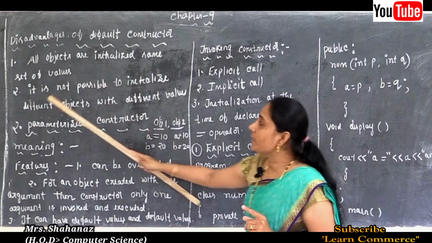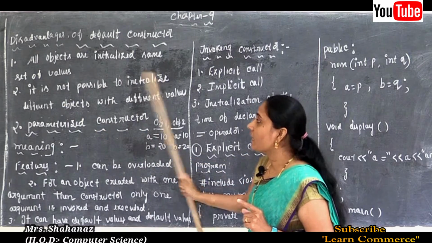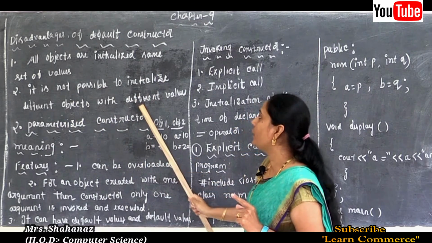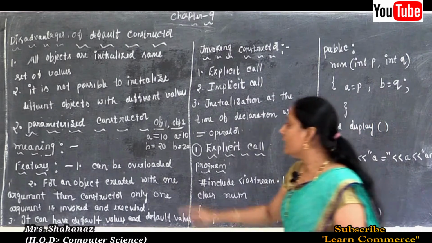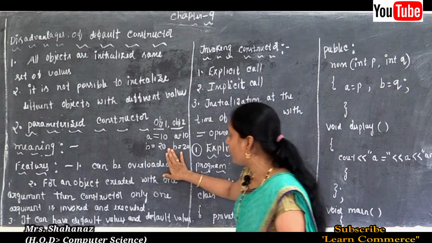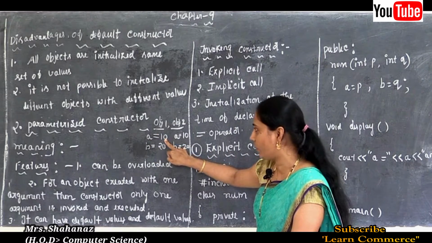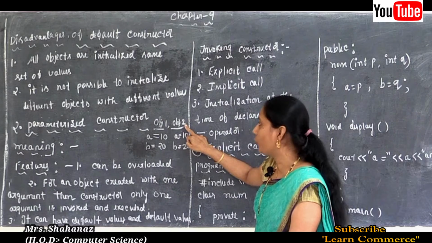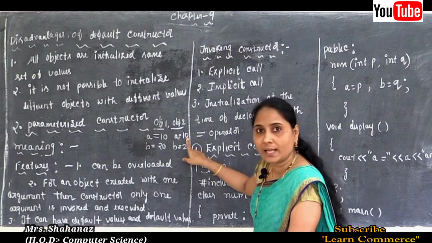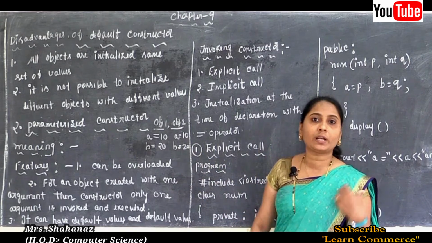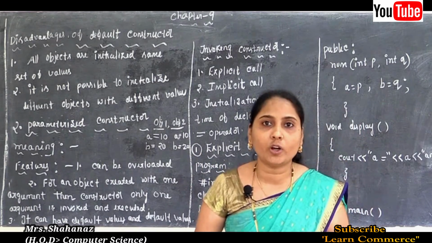The second disadvantage is that it is not possible to initialize different objects with different values by using our default constructor. Here, in this example, obj1 a value is equal to 10, and if you want obj2 a value to be 40, such a different value we can't use with the default constructor.